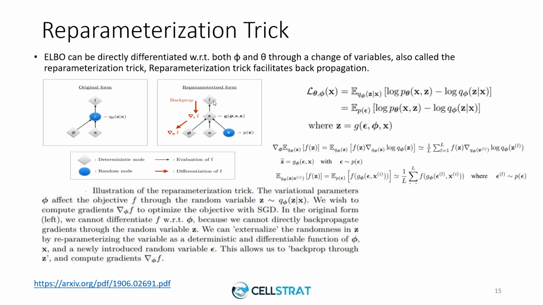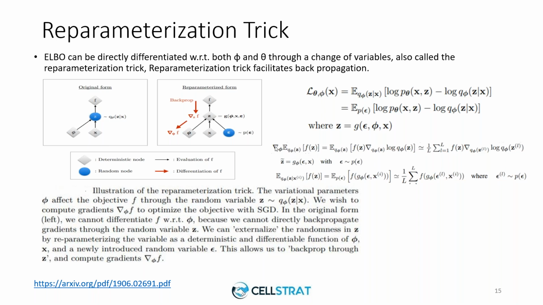This is from a graphical model perspective, but even from the equation perspective, for this loss function, for doing backpropagation, we will differentiate it with respect to theta and with respect to phi. Differentiation with respect to theta is fine, it will work. Differentiation with respect to phi will be a problem, because the principle of expectation comes in. In this equation there is a gradient with respect to phi, and there's an expectation over the function.